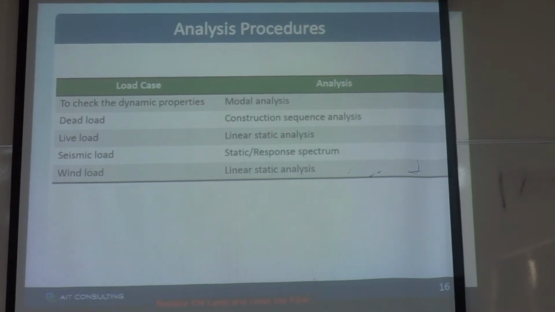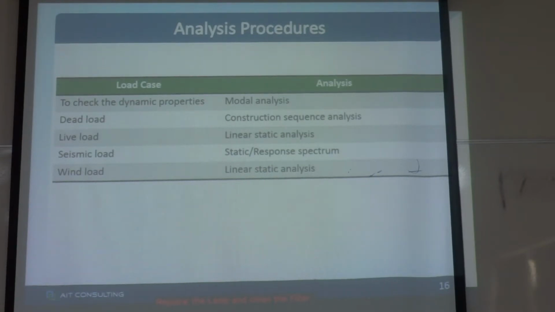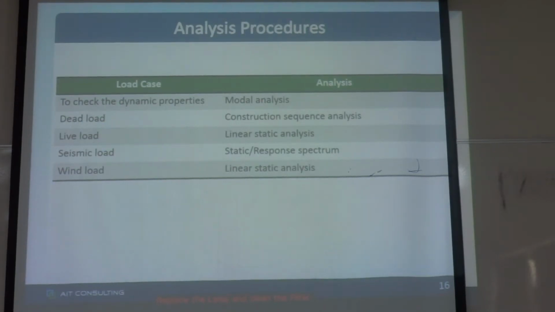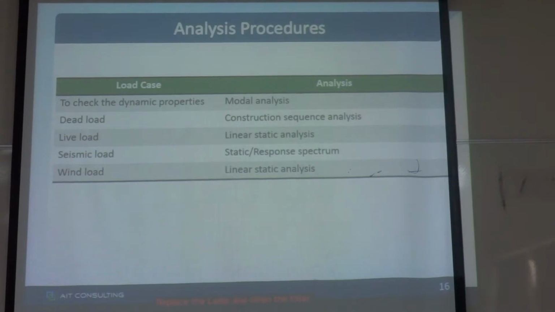Like if you have a shear wall and a frame around the shear wall, the shear wall's axial stiffness is very large, so it will not shorten a lot, but the column's axial stiffness is small, so it will shorten more. So after the linear analysis, you will see very large differential shortening between the wall and the column.